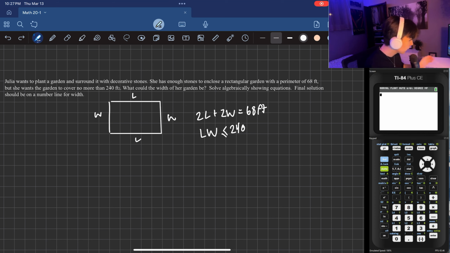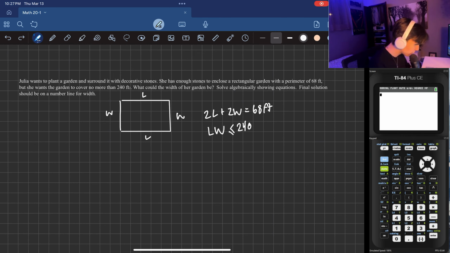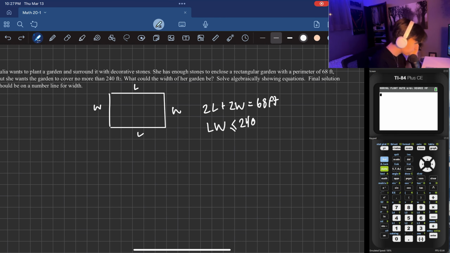So this models what the question is asking for, where we have our perimeter equal to 68 feet, but also our length and width such that we don't go over our 240 feet threshold.